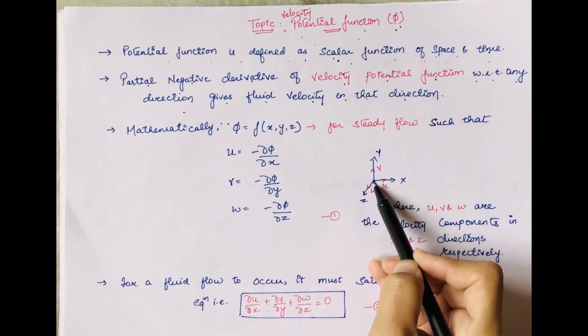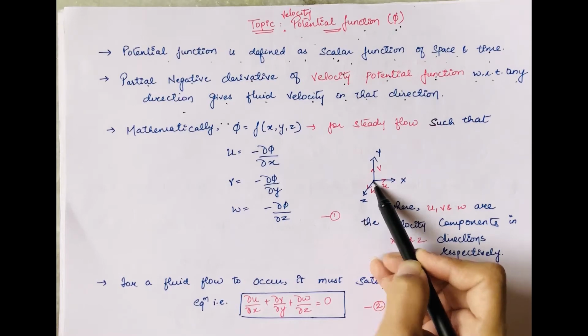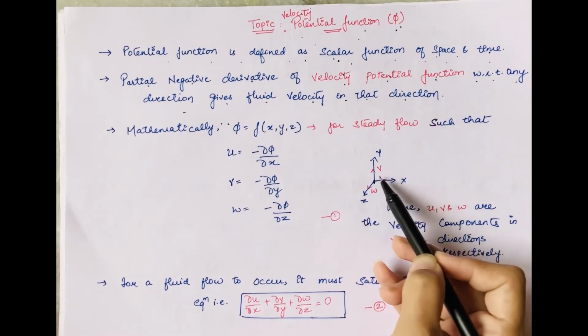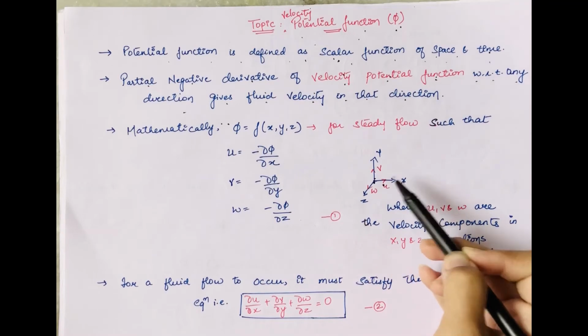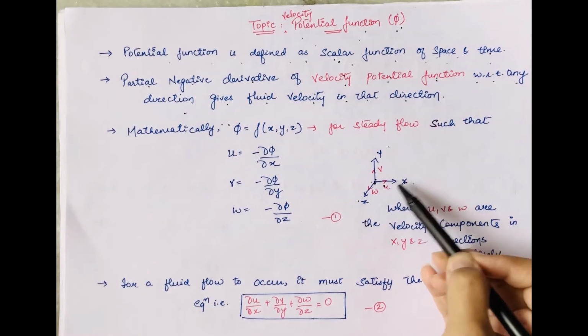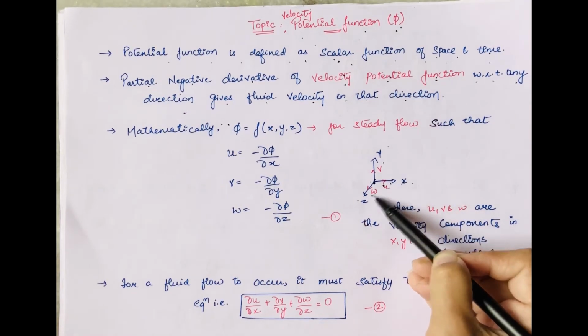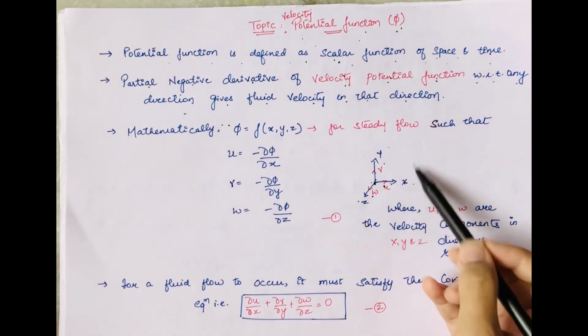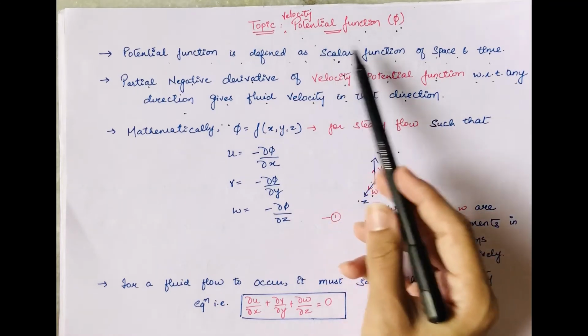Okay, the stream function is applicable to only 2-dimensional flow, while velocity potential function is applicable to 3-dimensional flow. So here 3 directions have been taken, x, y, z, and the velocity components in the 3 directions are u, v and w.